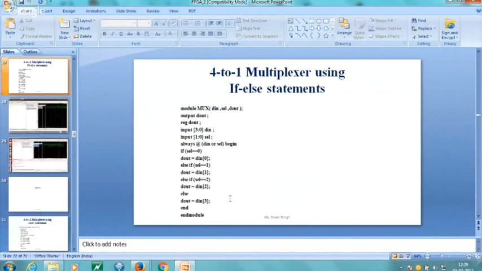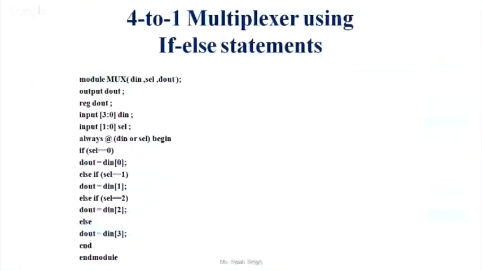So this is a Verilog module program. Here you can see module mux with D in, D select, D out. D out is the output. It is a program example of sequential programming. When we take D out as output, we give a similar name to the register D out.